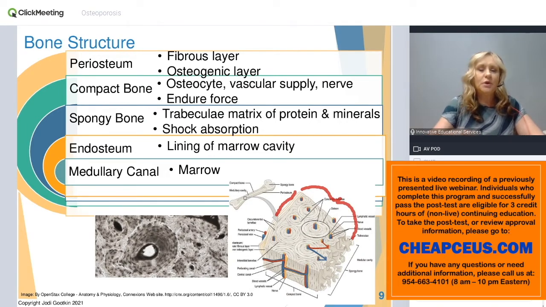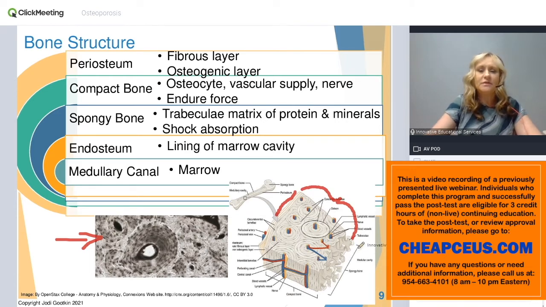This is the region where we have these long, slender cylinders that run vertically, and those are to sustain that compressive force along the bone in order to resist forces placed upon it. And we see an image here of an actual slide of compact bone. This is where we're also going to find our osteocytes, our vascular supply, and our nerve to the bone.